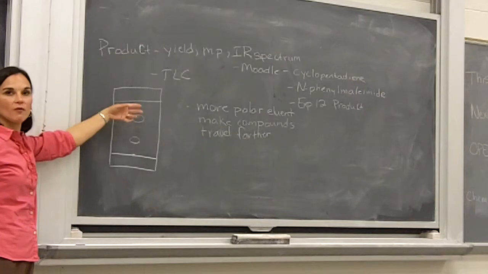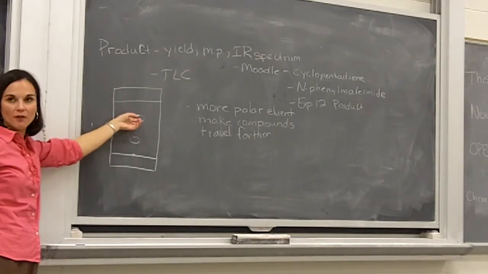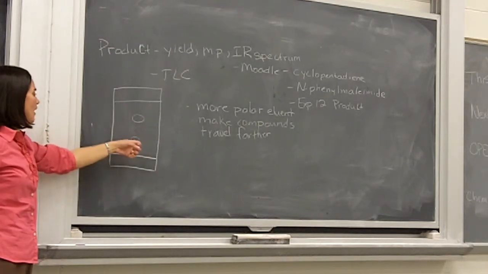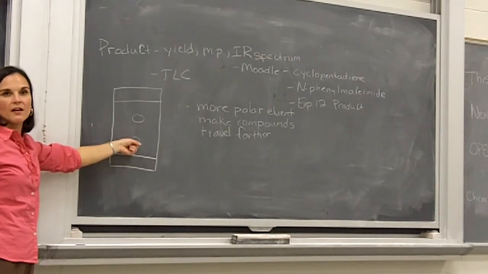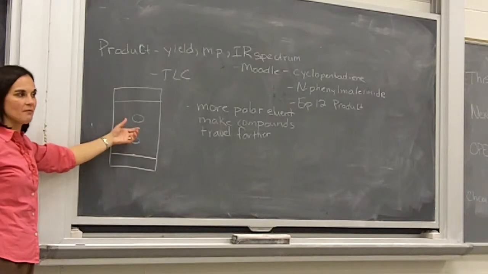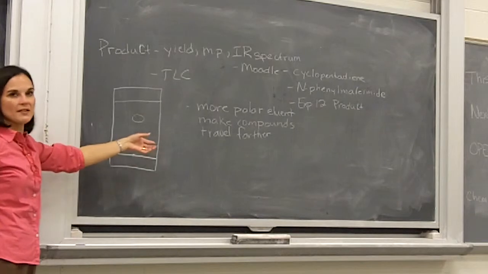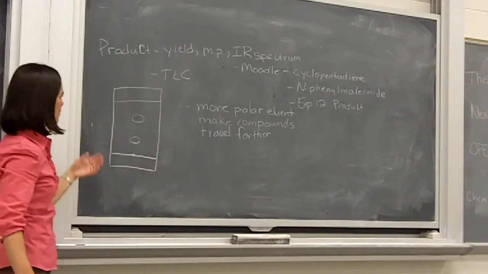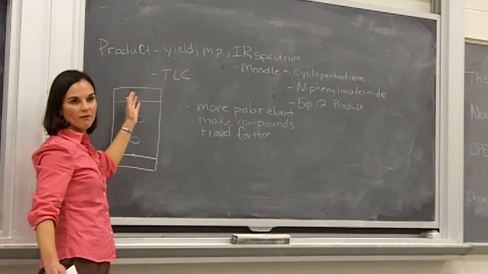It's going to be going back and forth with the silica and the eluent because now things have changed in its polarity, or the eluent has changed in polarity. The less polar or the more polar compound now will find the eluent more favorable than it did before. Okay, so it was wanting to hang out with the silica more. Now it wants to hang out with the eluent and the silica. So it's going to travel more. So the more polar the eluent, that will make your compounds travel farther.